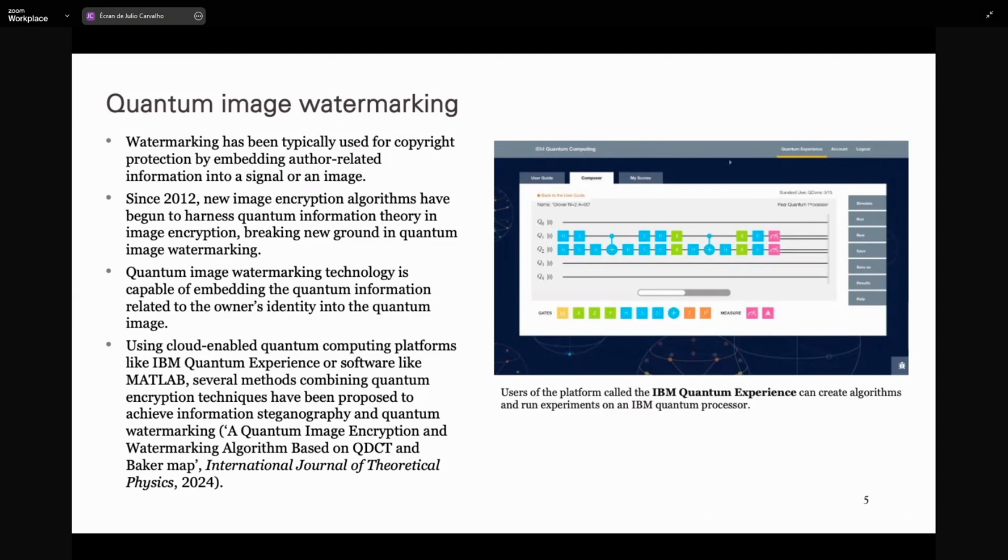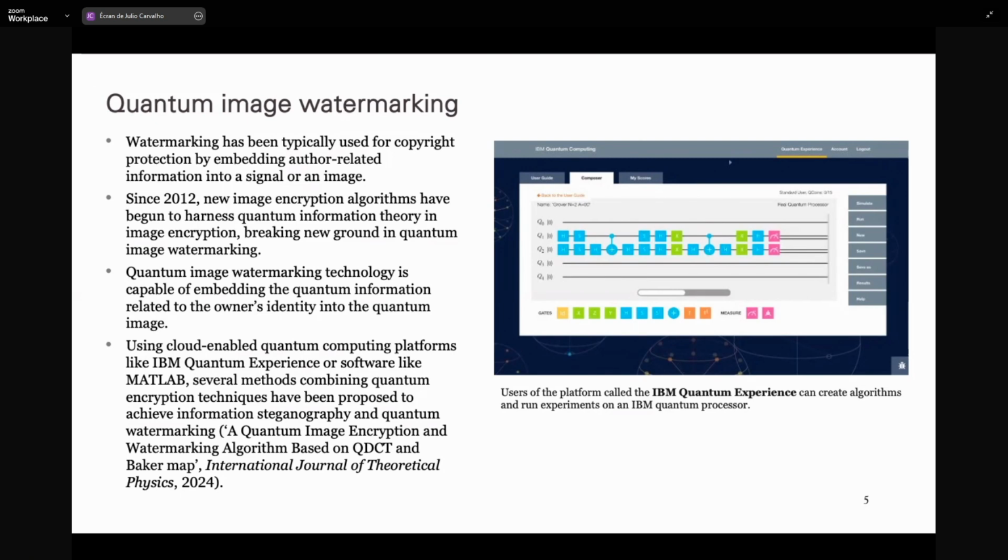The image on the right side is one from the IBM quantum experiment, where anyone can have access. It's a platform that can run experiments on this IBM quantum processor and experiment with watermarking techniques.